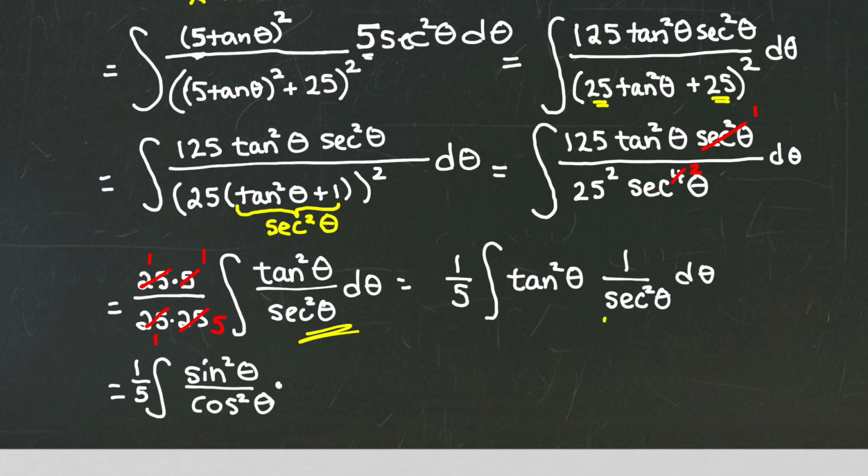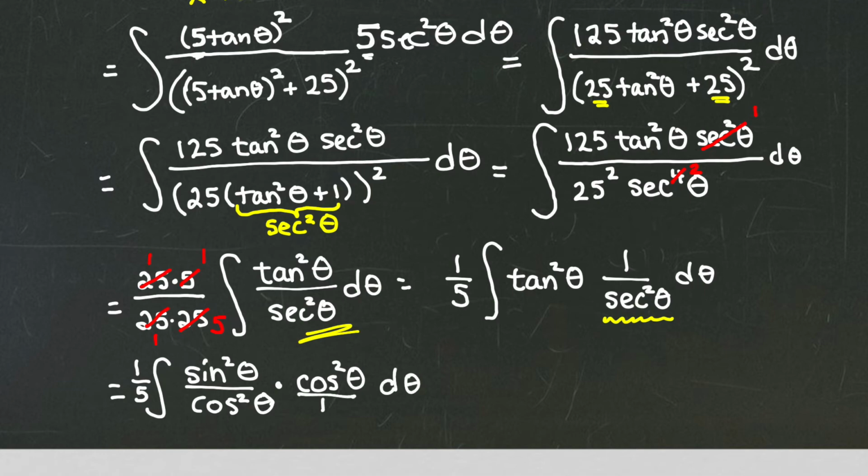Secant squared, well, what's 1 over secant squared? Isn't that the reciprocal of cosine squared? 1 over secant squared is just cosine squared, because secant is 1 over cosine, right? So cosine squared is the same thing as 1 over secant squared.